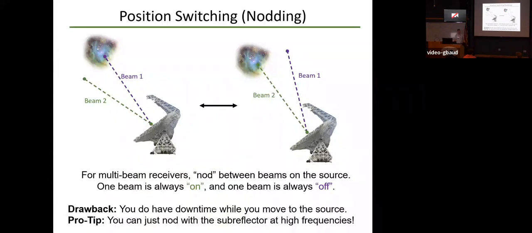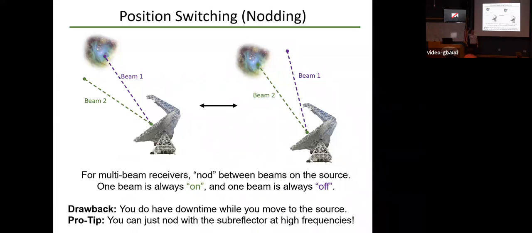meaning you don't need as much time in your full observing proposal because you're on source the whole time basically, but you can have some time to switch between those beams, right? The GBT still has to move. And so you might have a couple seconds there of downtime for each scan. Dave was also mentioning something that we call the sub-beam nod, that instead of moving the actual physical telescope to go between beams, you're just flicking the subreflector a little bit.